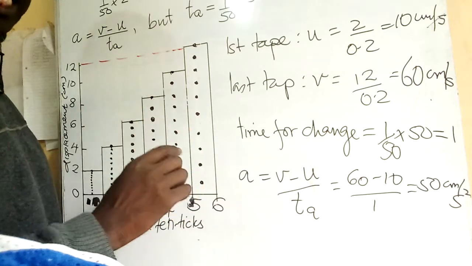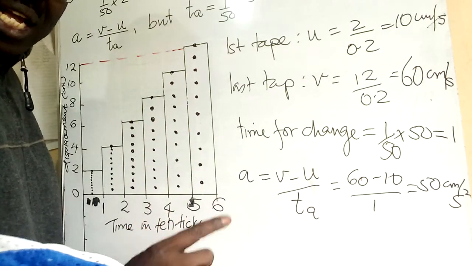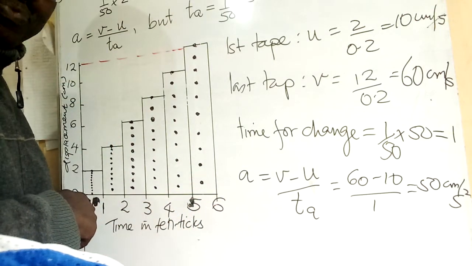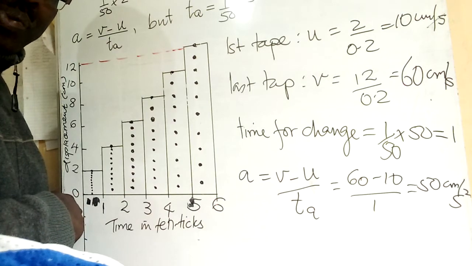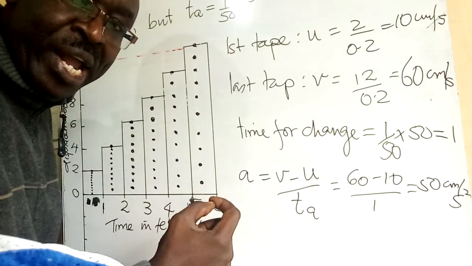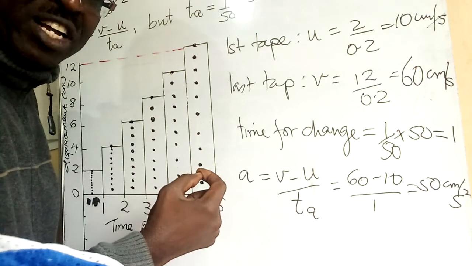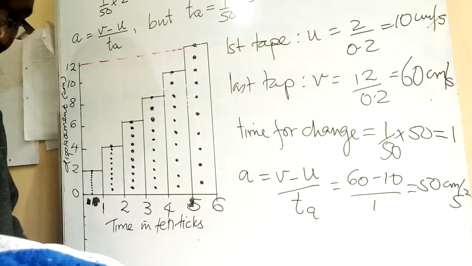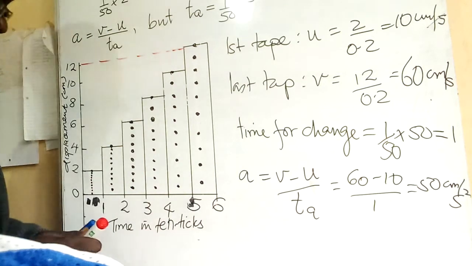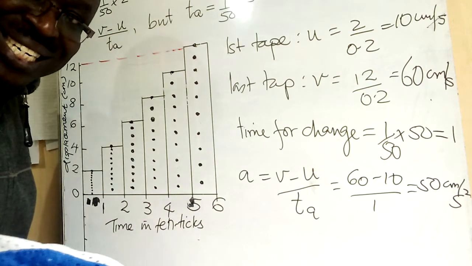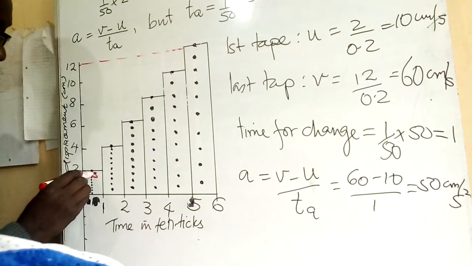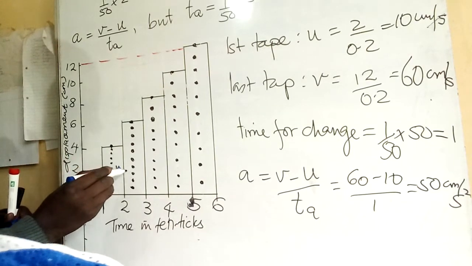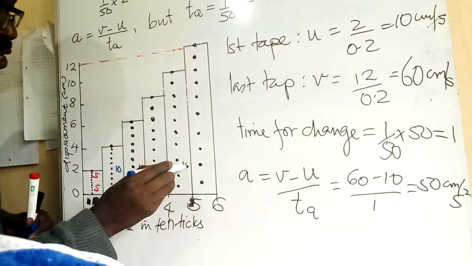If I want to calculate the acceleration, I told you it is from the middle point of the initial speed to the middle point of the final speed. Each piece has 10 spaces. So this is 5 and 5. Then these ones are 10, 10, 10, 10.